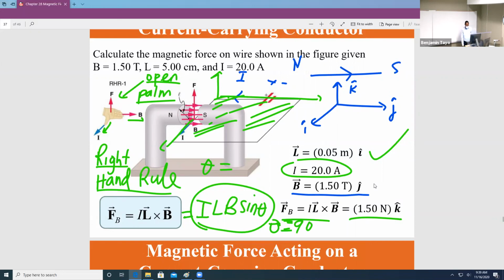So if theta is equal to 90 degrees, the magnitude of the force is just the current times the length times the magnitude of the magnetic field. But the way that I prefer to solve it is to get your directions, and then calculate the force using this equation, because once you calculate the force using this equation, it comes with the magnitude as well as the direction.